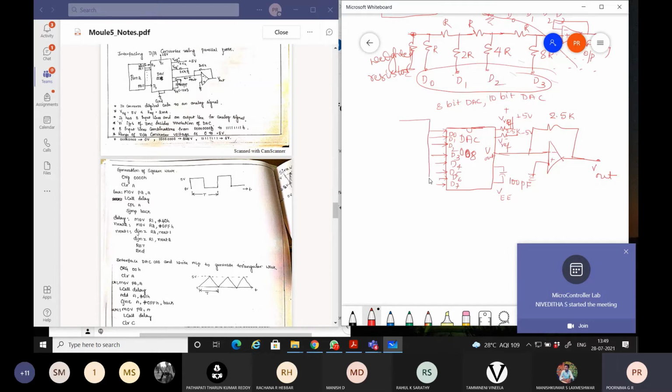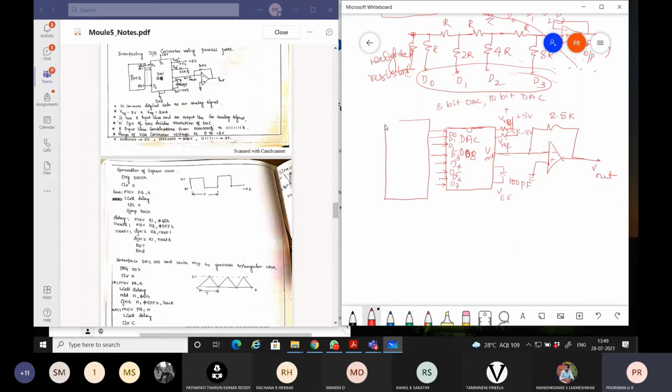Where should those input bits come from? They should come from the 8051, because here the 8051 is a digital device, that is a microcontroller. It will give the output only in the form of binary through port 0, port 1, port 2, port 3. Assume that port 2 has been connected for this DAC.